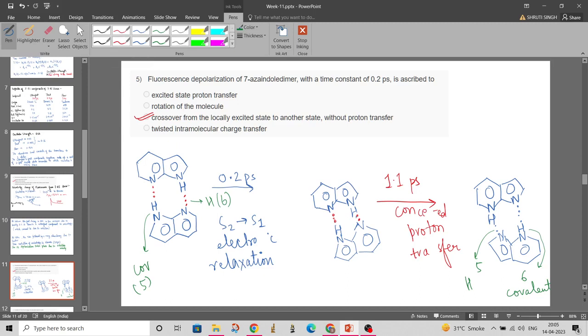Okay, so this answers the 5th question, that the ultrafast component was due to this crossover.